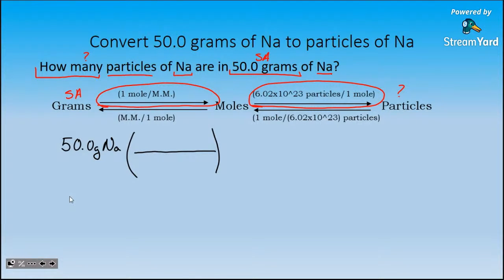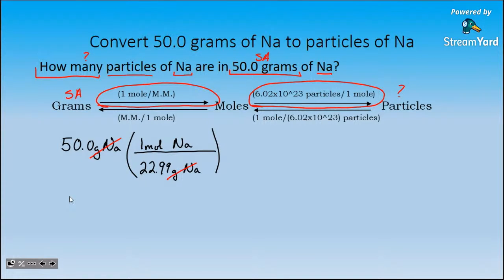I want grams to cancel, and that's why we're dividing by molar mass. But on top, or in my numerator, I'm going to have 1 mole of sodium. And on bottom, in my denominator, I'm going to have the molar mass of sodium, which we find from the periodic table, again, to be 22.99 grams of sodium. After this first step, notice that grams of sodium cancel, and I'd be left with moles of sodium.